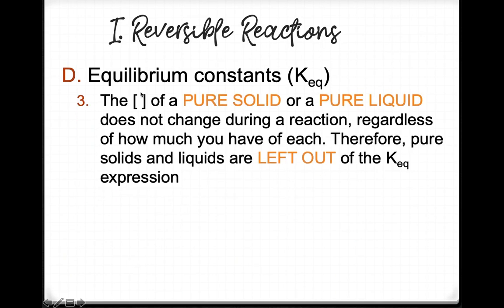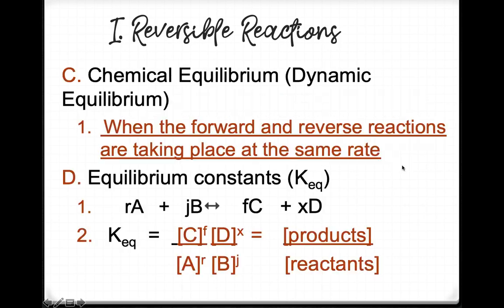So as I mentioned, this, remember, is a molarity. So if you have a pure solid or a pure liquid, they're not going to change their concentration because they don't have a moles per liter of solution. They would just have moles, right? So no matter how much you have of them, you're always going to have the same concentration. So then pure liquids and pure solids are left out. You don't include them. So let me go back to this for a second.